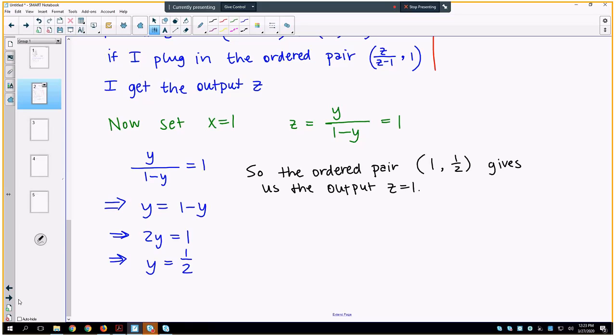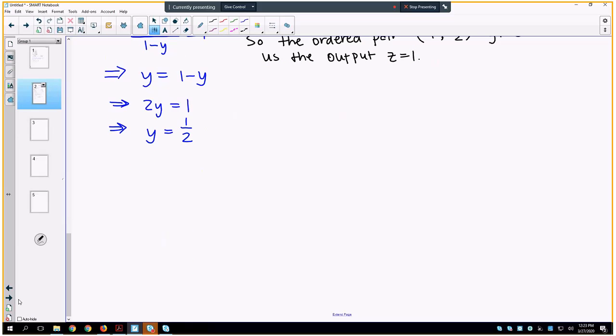So I conclude that the range of the function is all real numbers. And I've demonstrated how I can get any real number by playing around with these ordered pairs.